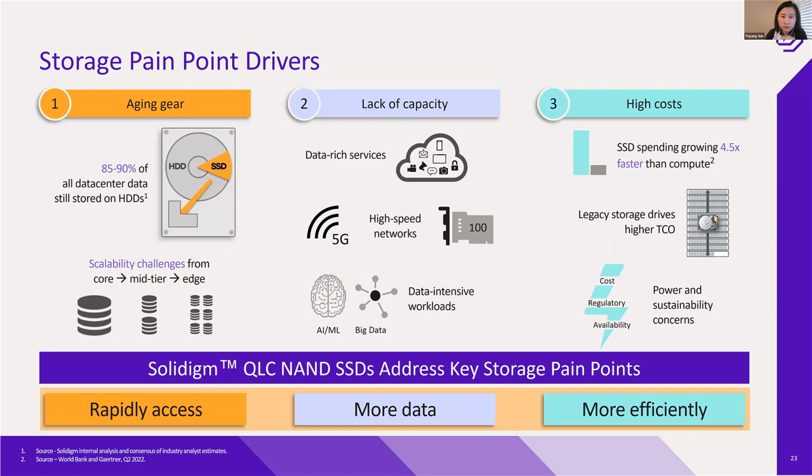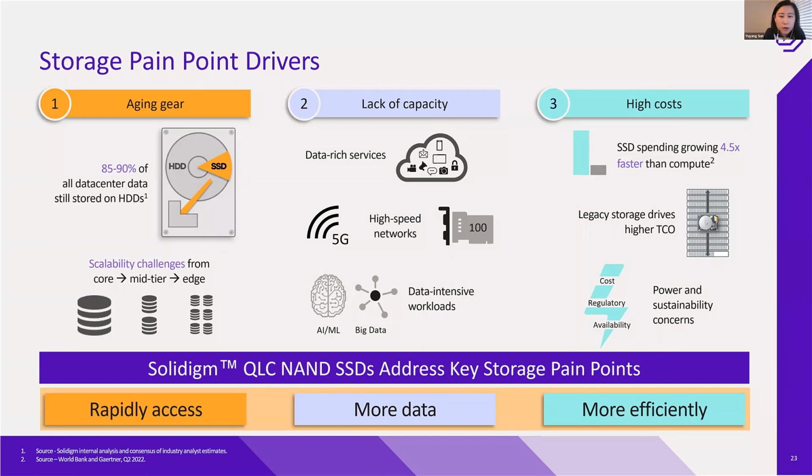Secondly is the lack of capacity in the data center, right? Nowadays, customers are providing a lot of data-rich services, and we have 5G high-speed networks, and we just have a lot more data than decades ago.